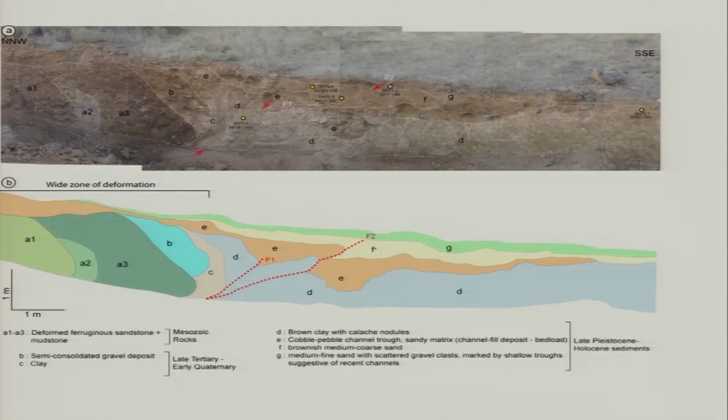So the F unit was the youngest, belonging to the younger deposits F and G, and the fault which has displaced this over here dies out somewhere here.